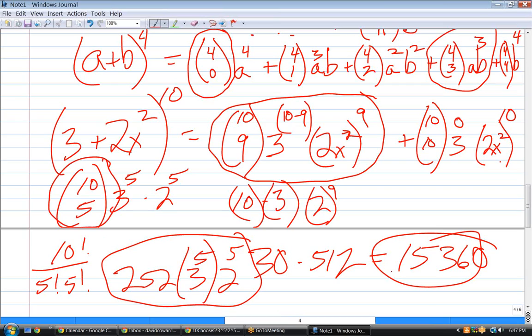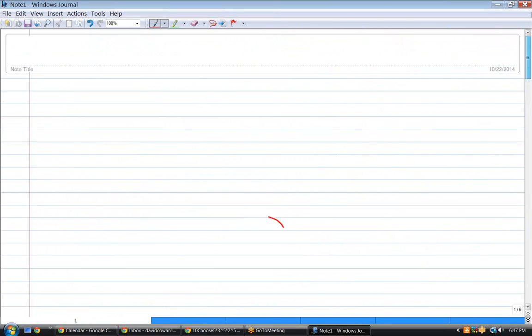But see, the fact that they said it was 10 choose 5, that's not the 10th term. That's the 6th term. And these middle terms always have the biggest coefficients. If you look at Pascal's triangle, the big coefficients are always in the middle.